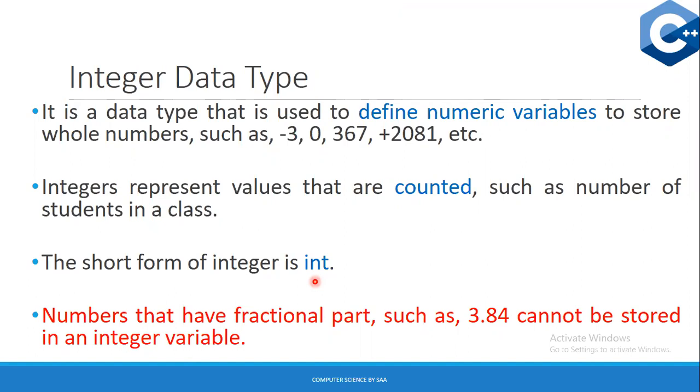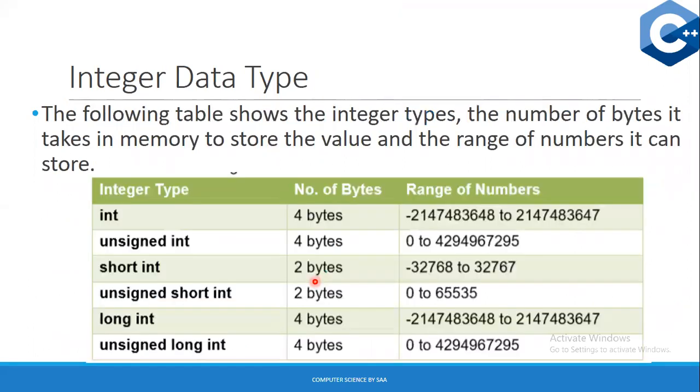We will discuss the examples, then it will be clear. Whenever we declare a data type as integer, it takes 4 bytes of memory, and it can store from this number to this number. So it is the range of the numbers that it can store.